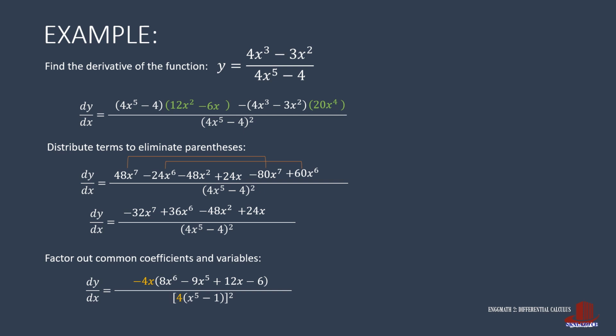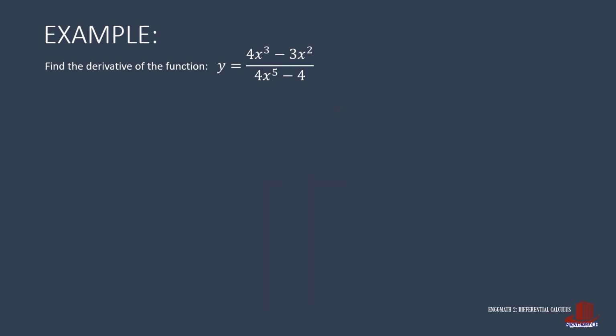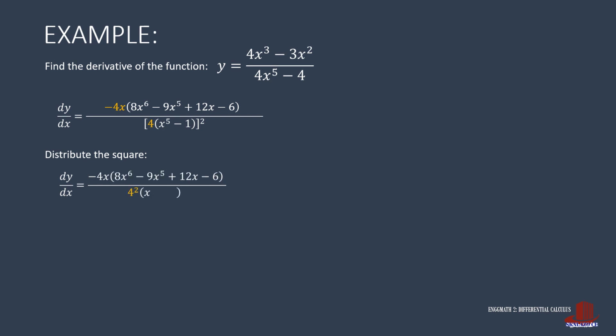From the denominator, 4 factored out makes everything the square of 4 times the binomial of x raised to 5 minus 1. From the denominator, distribute the square to come up with 4 squared times the square of the binomial x raised to 5 minus 1.